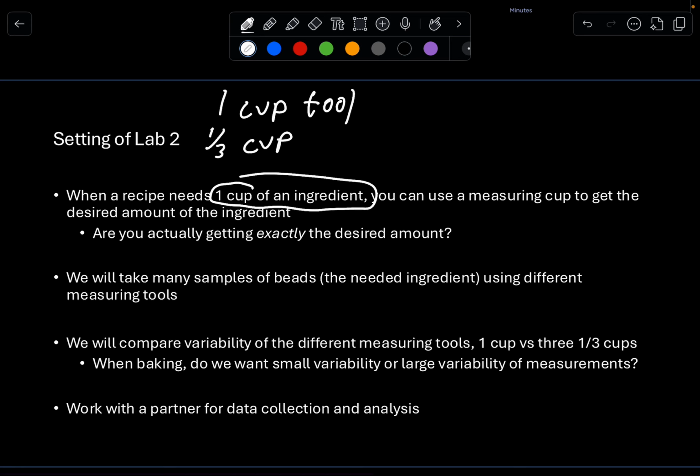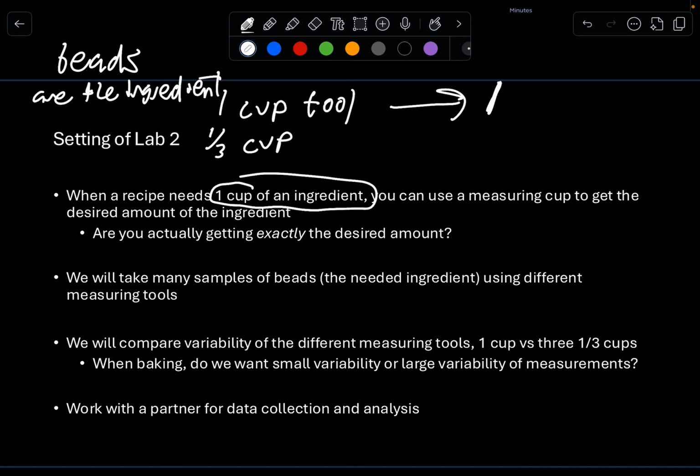And so if we need a cup of the ingredient, we can take 1 scoop using the 1 cup tool, and we're going to use beads. So beads are the ingredient that we need. And then if we have a 1/3 cup and we need a cup, we know we have to take 3 scoops.